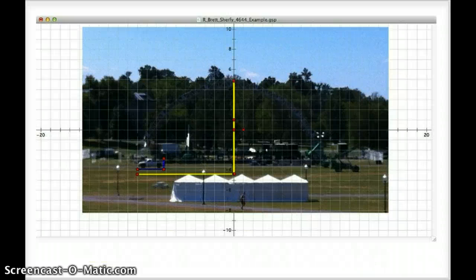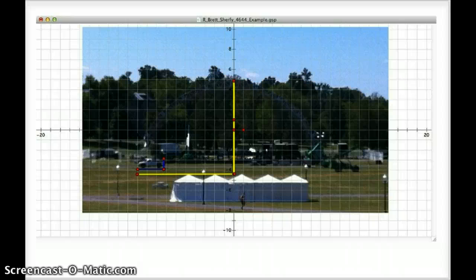So I took this problem and overlaid a grid on it. I used Geometer's Sketchpad to overlay a grid and imported the photo. Then I created four line segments: one for the length and the height of the truck, and one for half of the length of the arch.